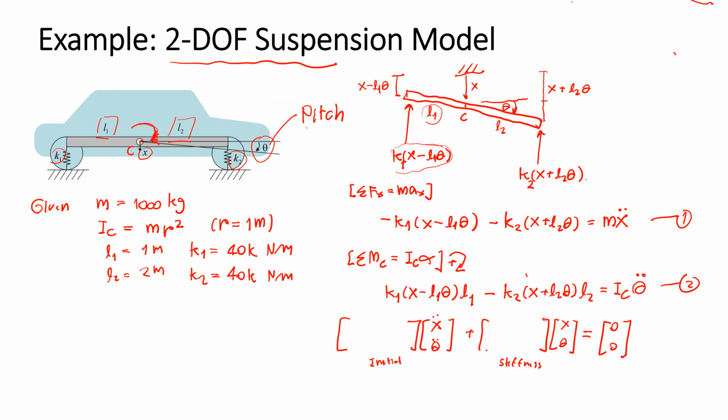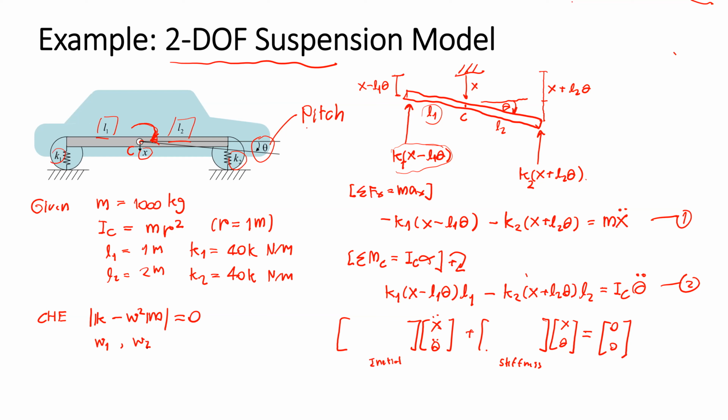And if you remember, our characteristic equation is the determinant of the stiffness matrix subtracted by omega squared multiplied by the mass matrix equal to 0. And by the roots of the characteristic equation, you will have the natural frequency in mode 1 and mode 2.